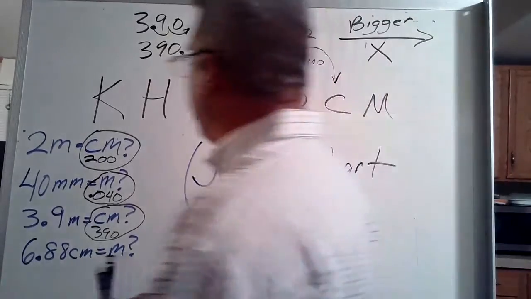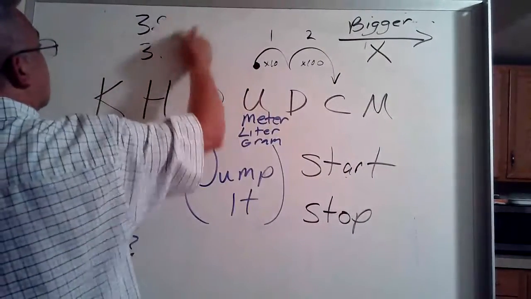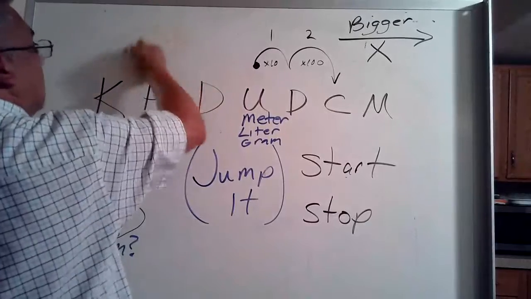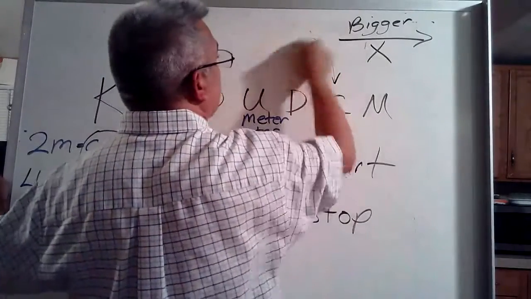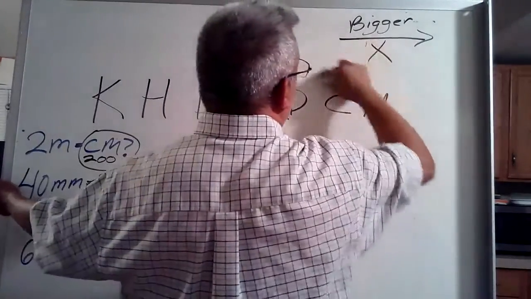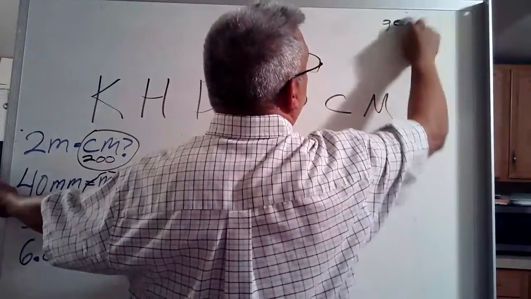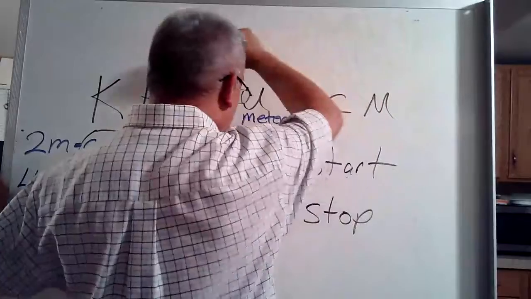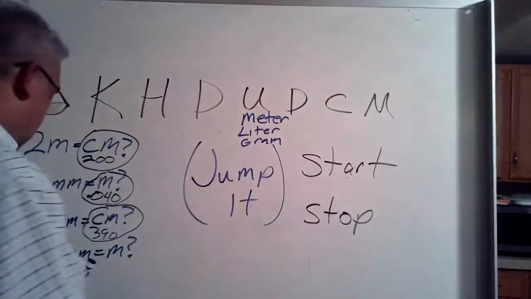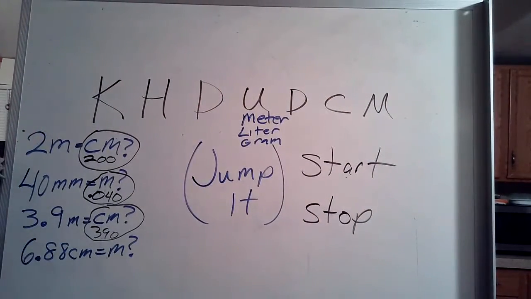All right, so I'm going to erase this. All right. See, look, I gave you a 2 M, I gave you a 40 mm, and a 3.9 m.